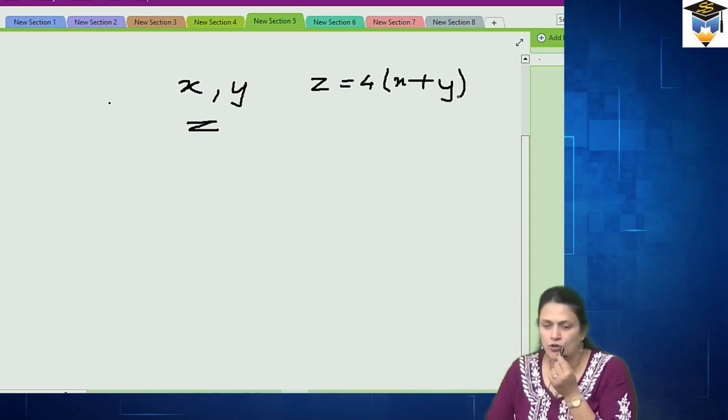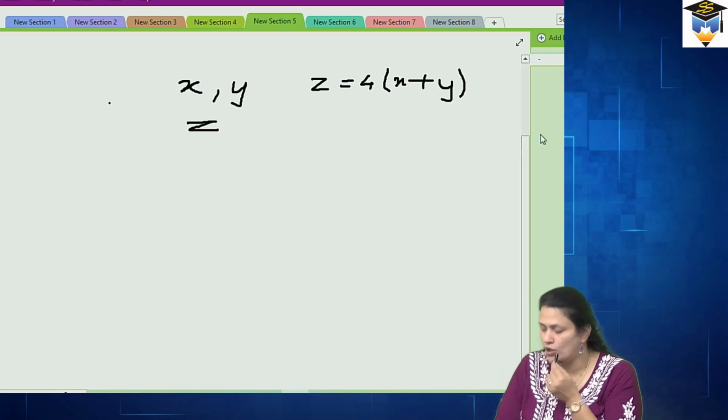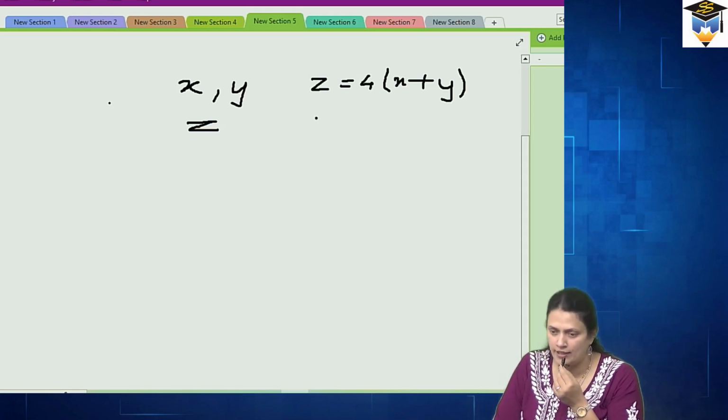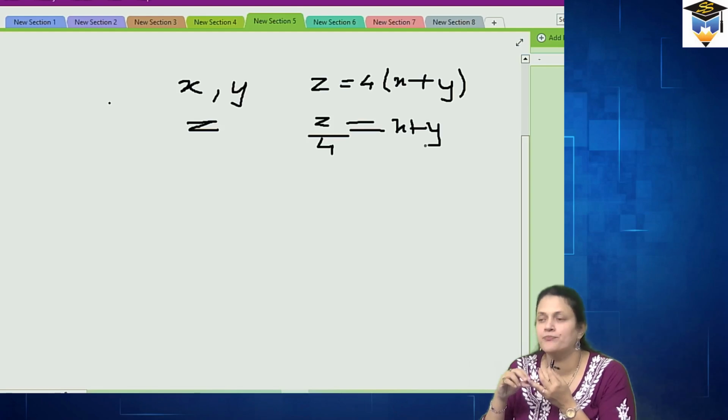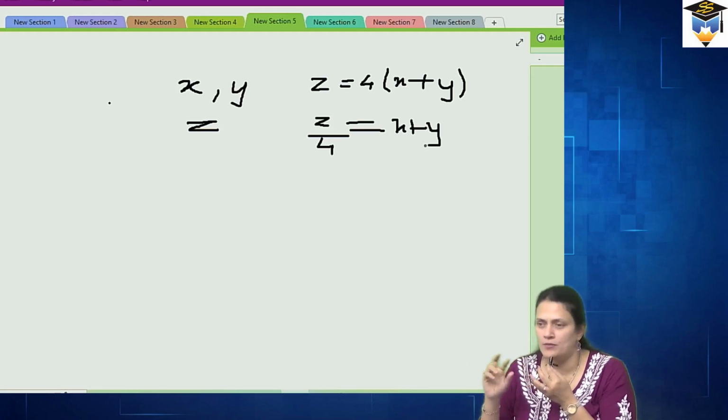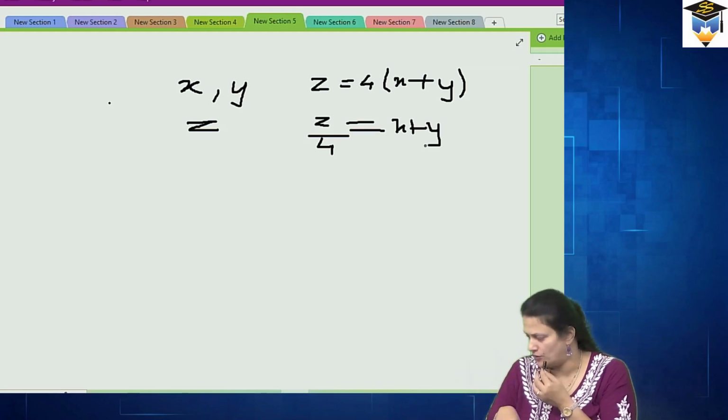So I can write this particular equation as z upon 4 is equal to x plus y. You can multiply by 4, so it will become 4x plus 4y is equal to z. That is also possible.